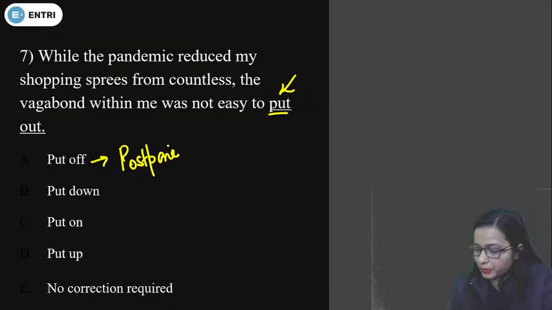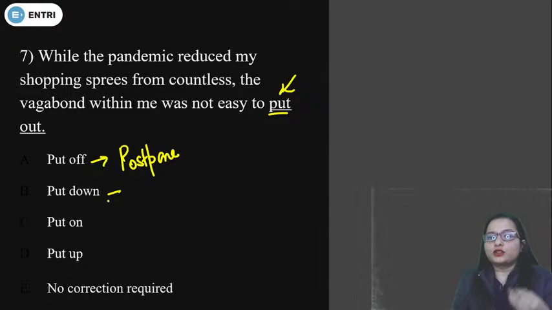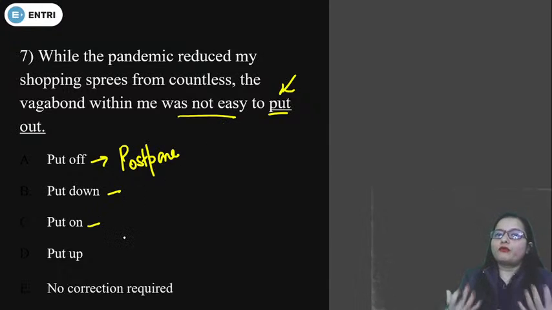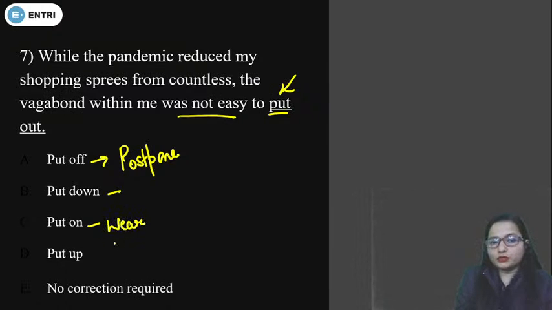that means my boss has postponed the meeting. What is the meaning of put down? Anyone? Yeah, nothing can stop me, to stop something. So it was not easy to put down. Put on, when you wear a piece of jewelry or garment, this is the time we use put on.